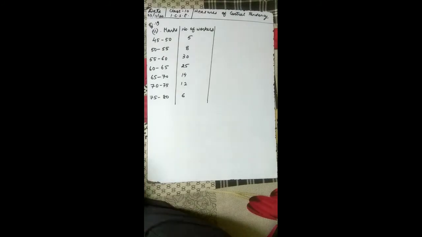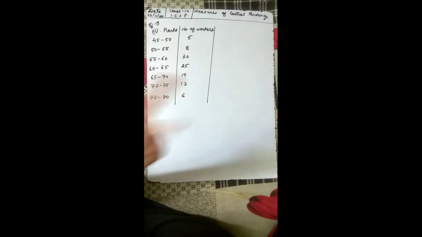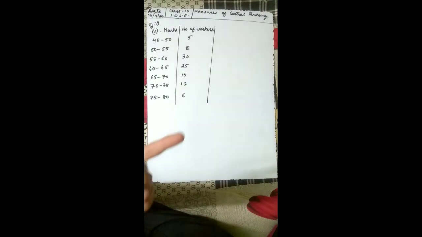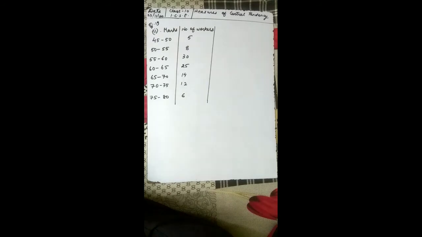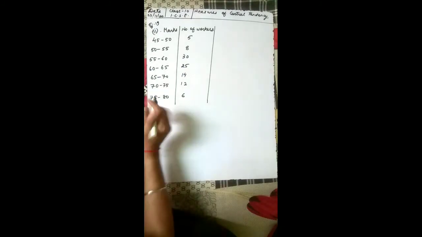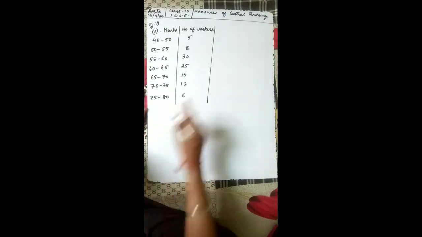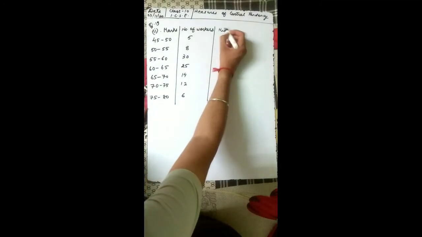As you can see, you have to do it by two methods because they are asking two questions. First one, we need to calculate the mean. So we can do it directly by the direct method. For this grouped data, with overlapping intervals, first we calculate the mid values, or mid marks.